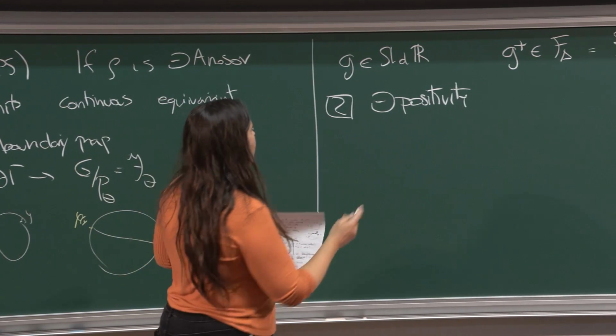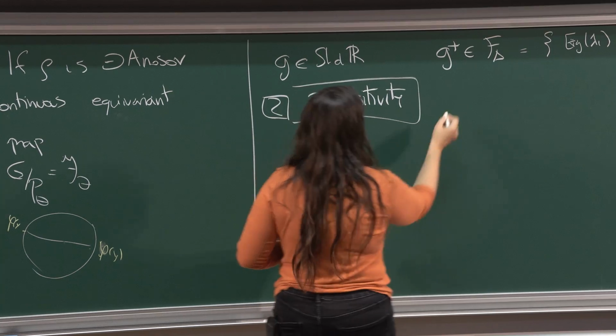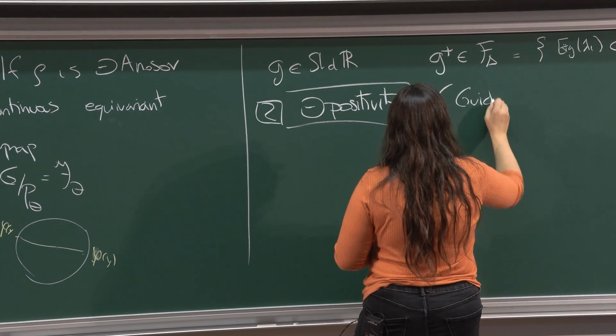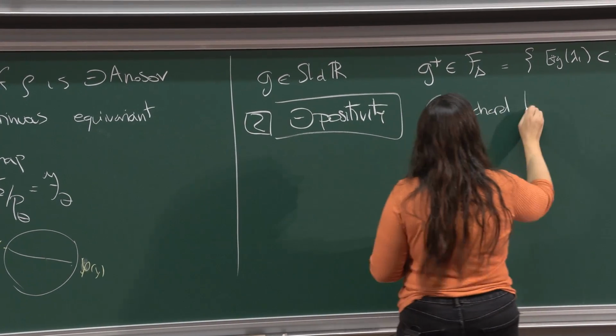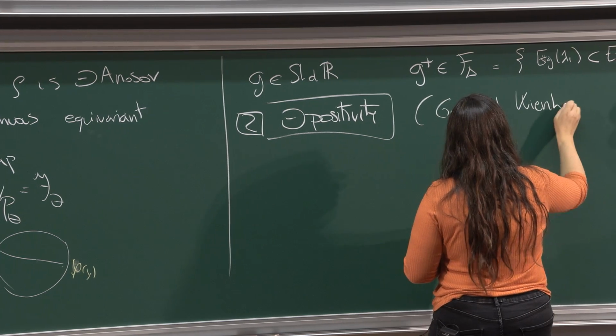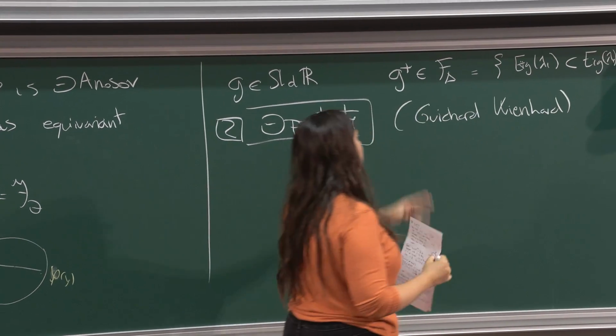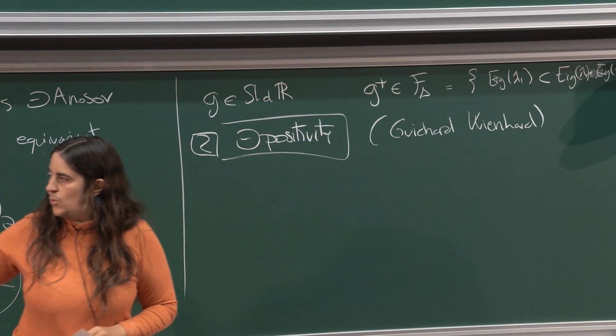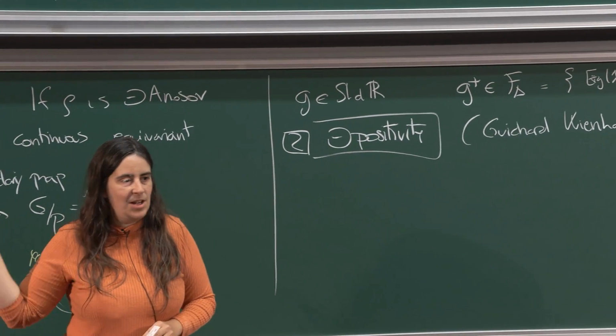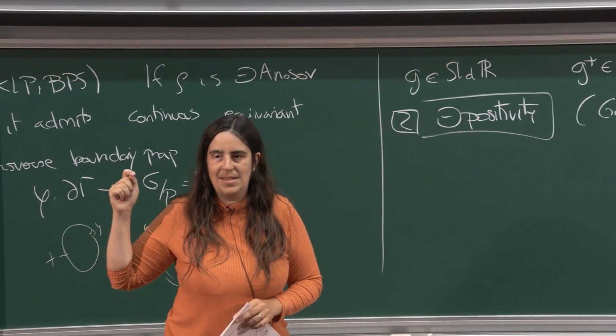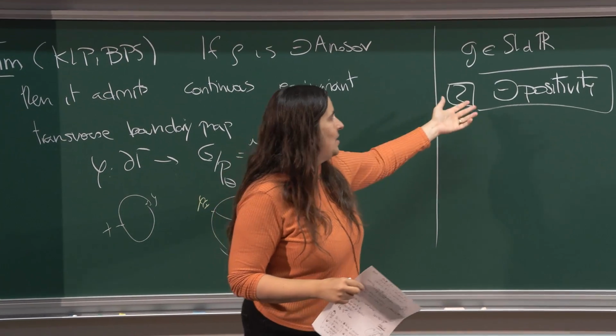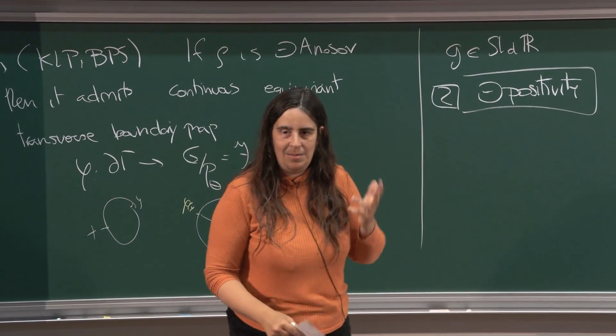Okay, so theta positivity is a theory introduced by Guichard and Wienhard a few years ago. Last year there was a conference titled 20 years of Anosov representations, whereas theta positivity is really out since 3 or 4 years.